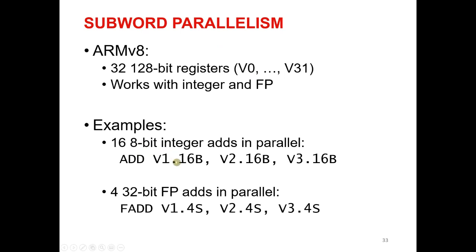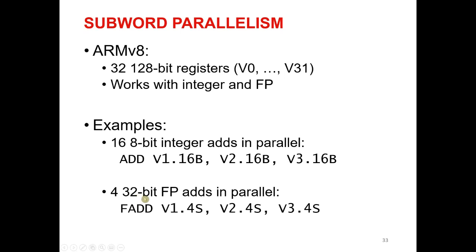And for doing this in RB8, I will have this notation. Instead of just indicating the register, I indicate the register point 16, and the B is for integer. Okay, and with this I will be doing 16 8-bit adds instead of doing one add of the whole register.